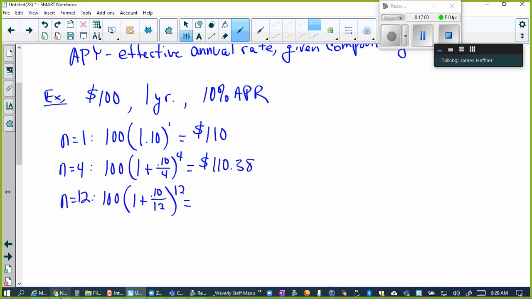It's up by 11%, but it's still 10%, right? So are you suspecting that even though the stated rate is 10%, as we compound more often, the effective rate is a little bit higher?